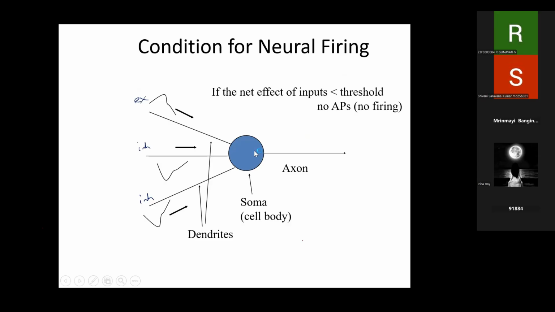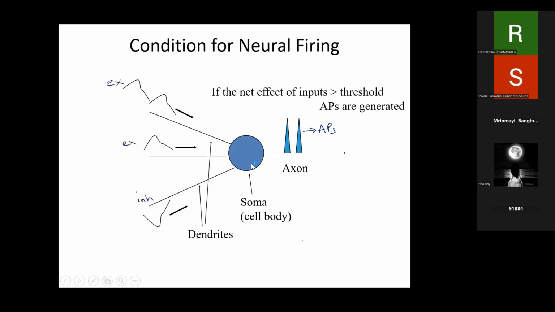Okay, so to summarize, a given neuron can get inputs from many other neurons. If the negatives dominate, then on the whole the neuron voltage is still negative, so there's no action potential. If the positives dominate, then the voltage goes up and crosses the threshold. That's when the AP gets generated.